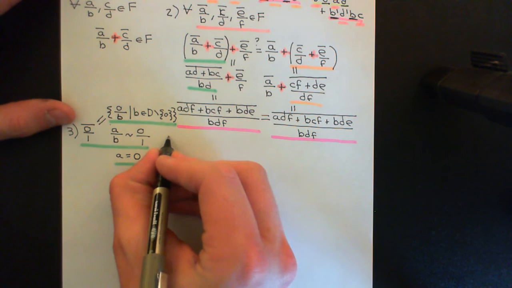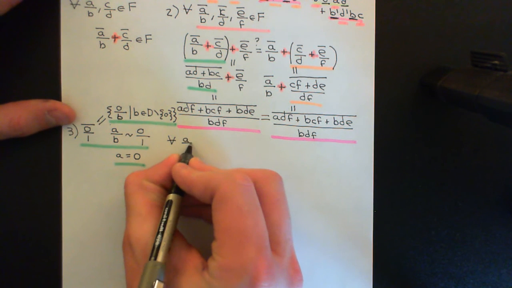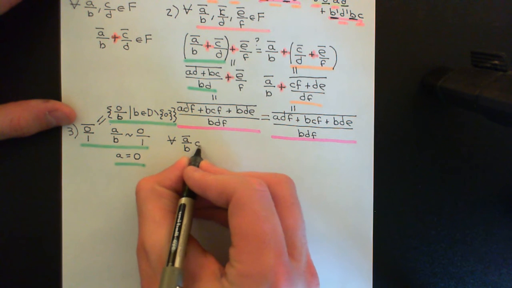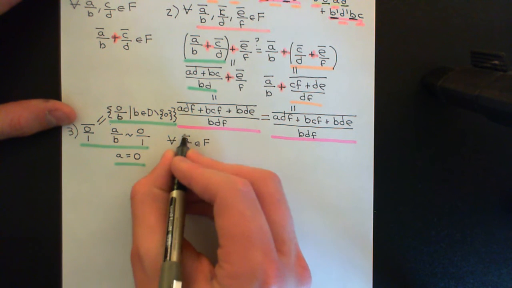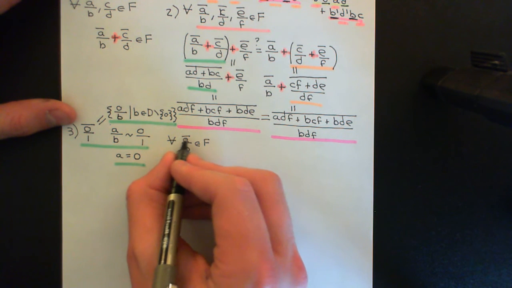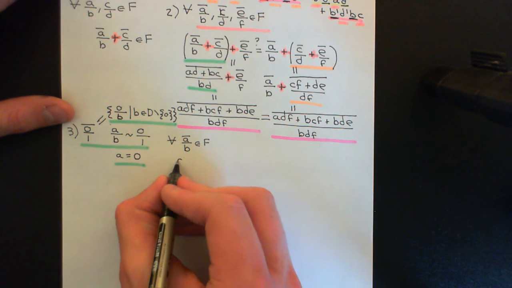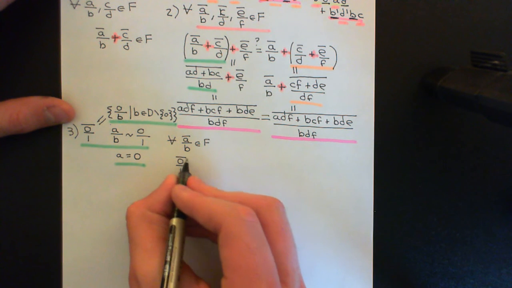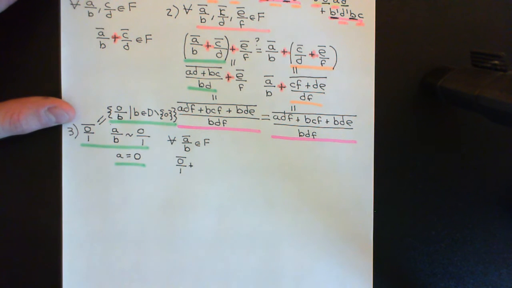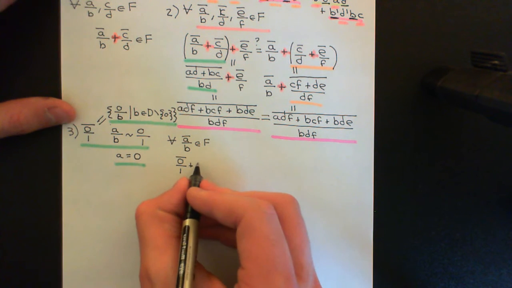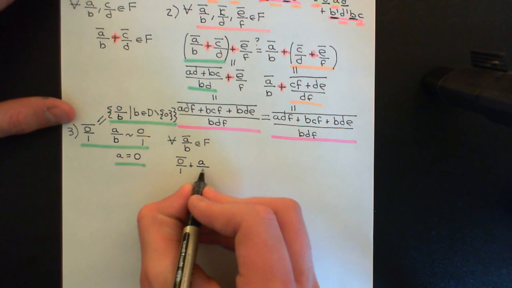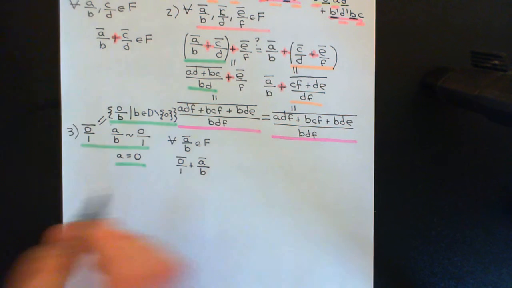So let's take an arbitrary other equivalence class from my fraction field. So here I have some arbitrary other equivalence class, a over b bar, the equivalence class containing the fraction a over b, and what I'm going to do is add it to the equivalence class containing the fraction 0 over 1. Okay, so plus a over b bar here.